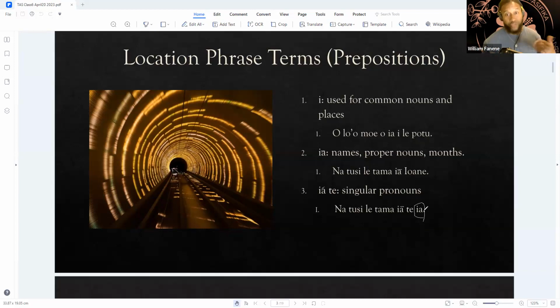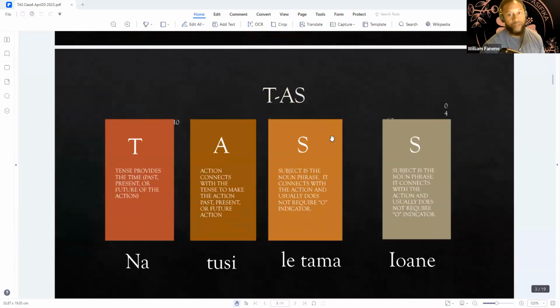I'm just throwing it out there because you'll see a lot of literature that says yate is for singular pronouns, like yate ia, but you're probably going to see natusi letama yate ilato, to them, something like that. So those are the rules, but again, they're not always followed.